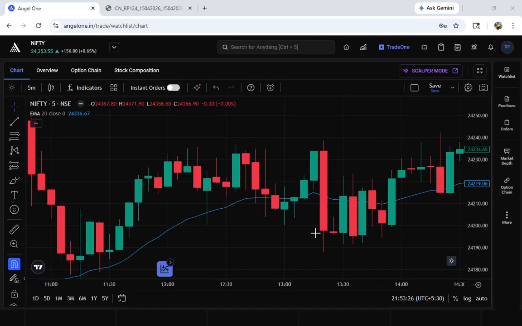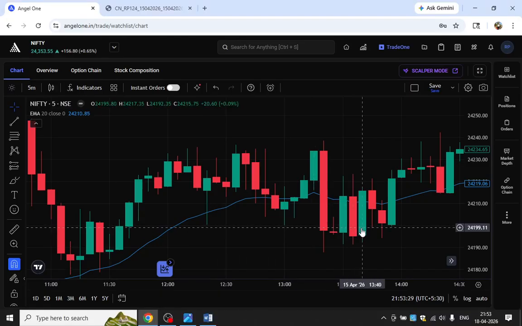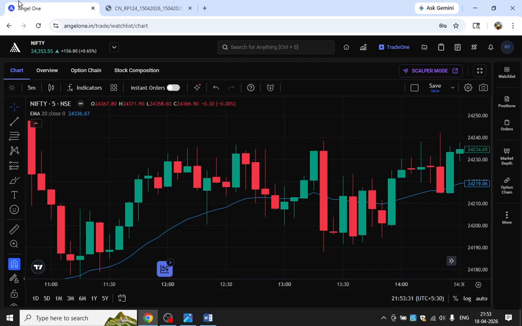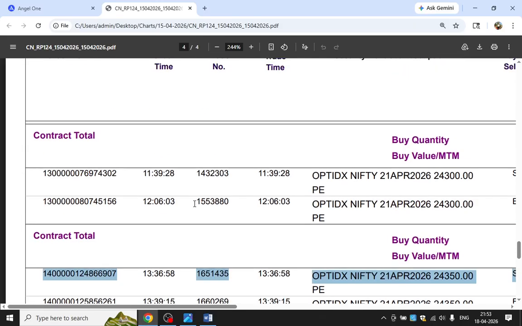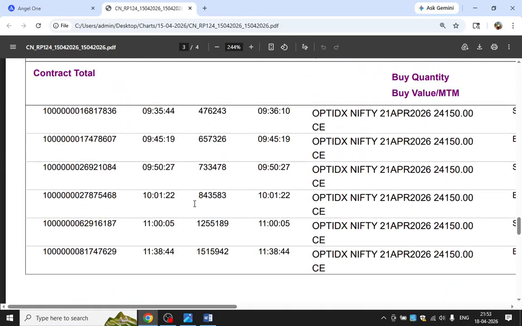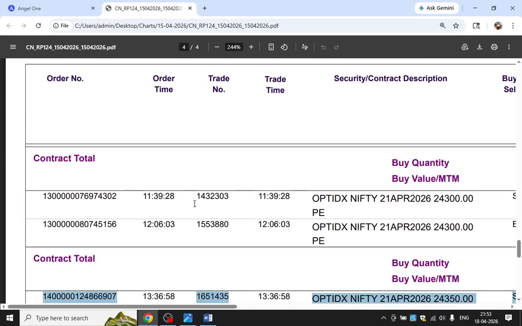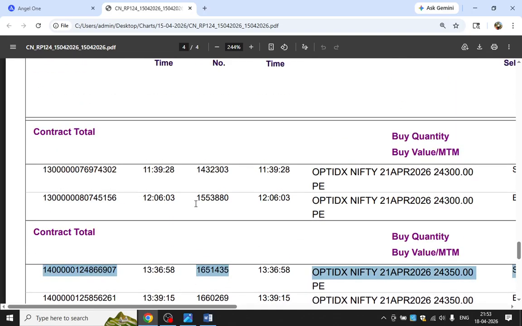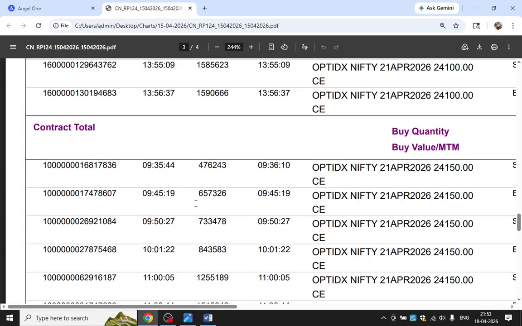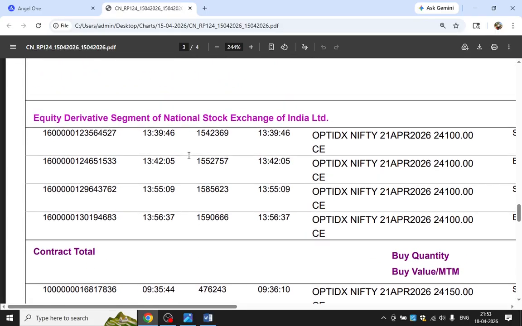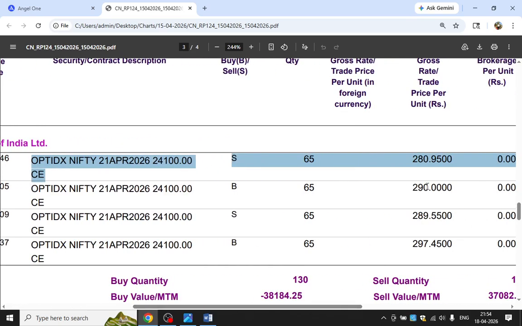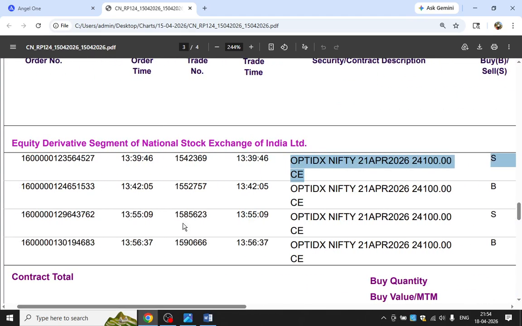I got trapped, and on this bar I sold one CE, around 140. I sold one CE, and I got trapped, and I had to lose 10 rupees.